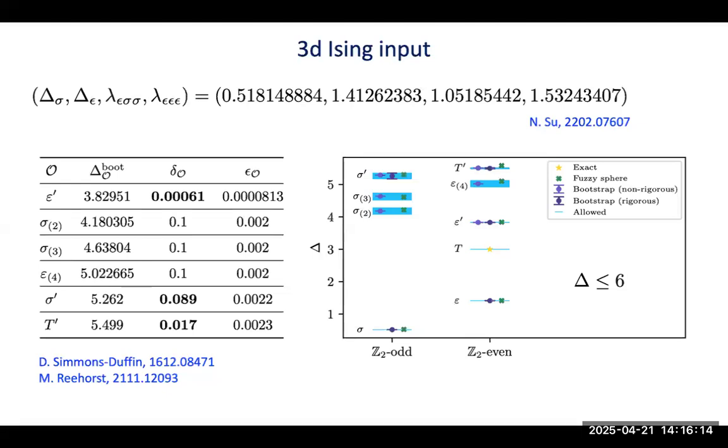And in addition, for the excited spectrum, from a combination of bootstrap and fuzzy sphere, we believe that we know the locations of all the operators of dimensions smaller than or equal to 6 to varying degrees of precision. Basically we are going to put that information in, and when we are not very sure about the precision, we are going to be very, very generous with the error bar.